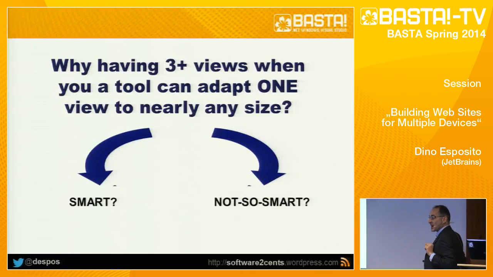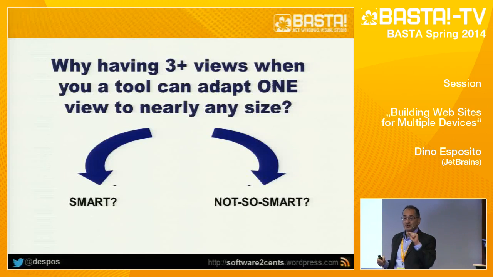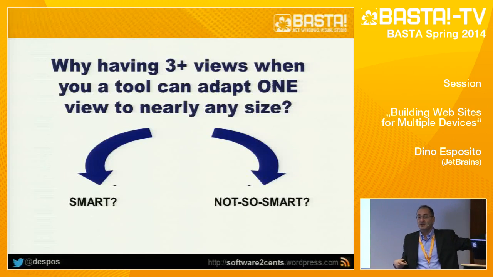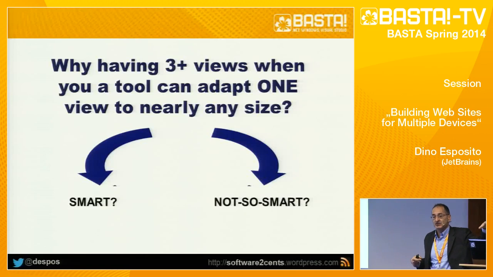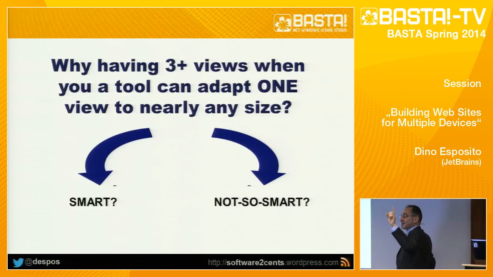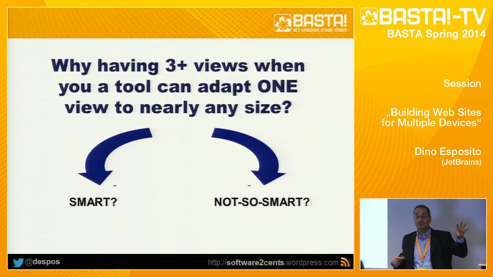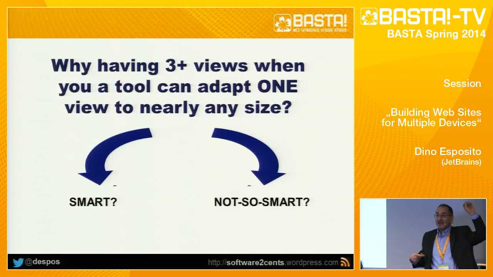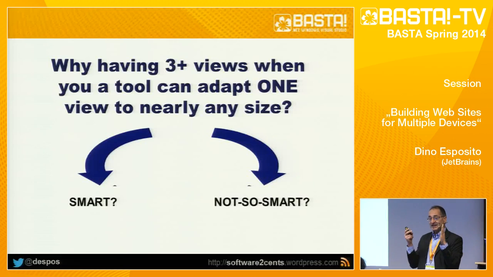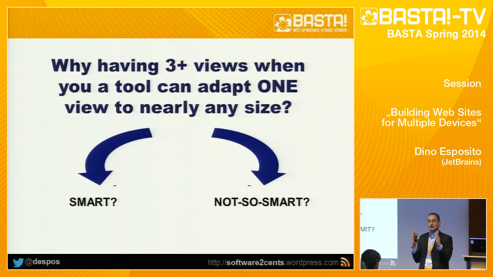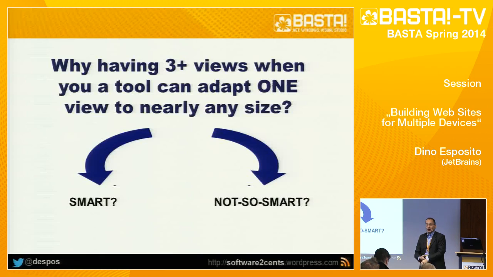Now, responsive web design was not devised to work on mobile devices, for mobile devices. It's a desktop technology. But it is so smart, and that's why we love it. It's so smart that it takes into account the width of the screen, so it can magically work regardless of the device where the browser is running.